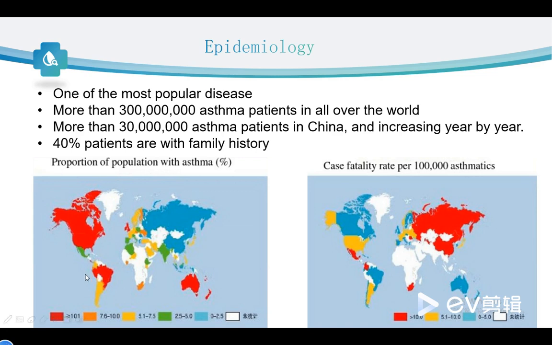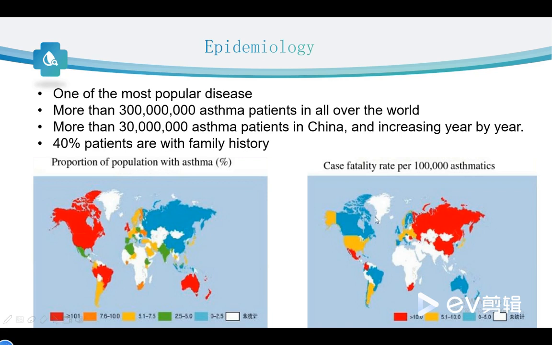We can find that the proportion of the population with asthma is higher in the North America, the South America, and Australia, but lower in the countries in Asia.